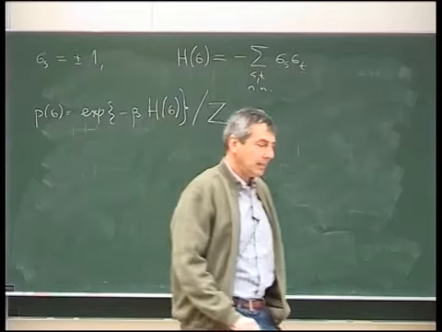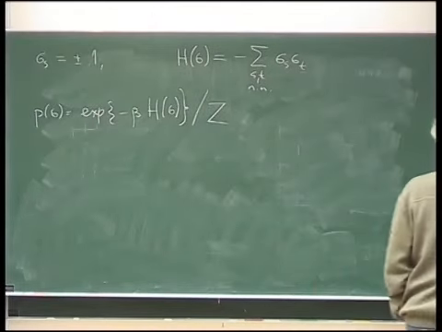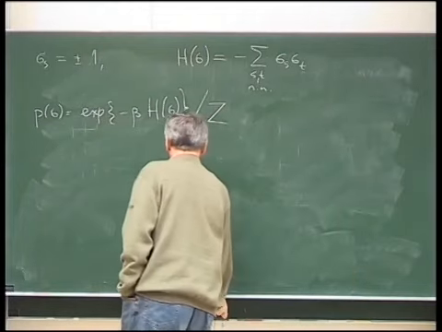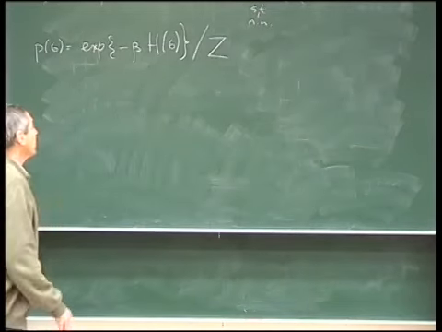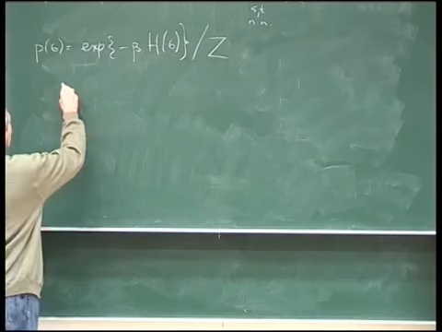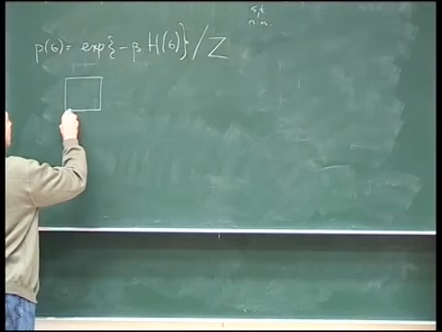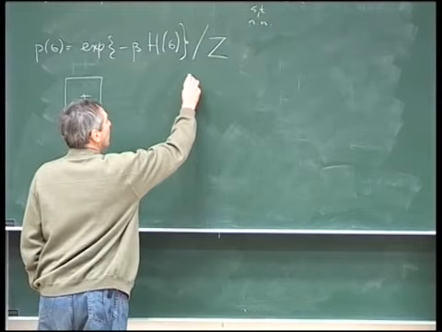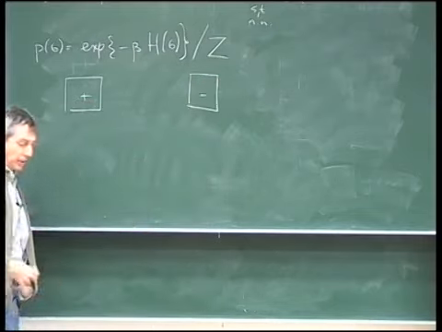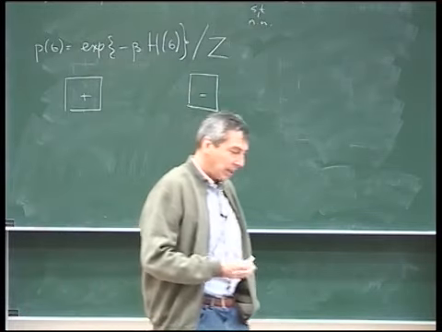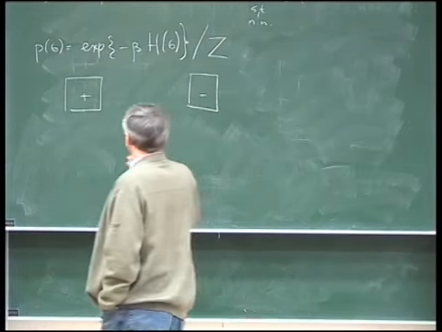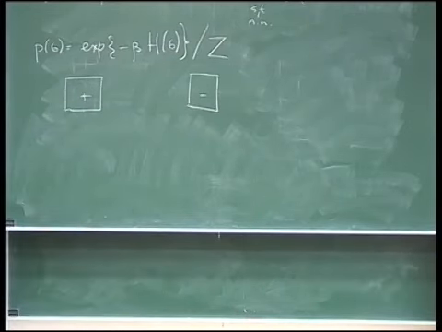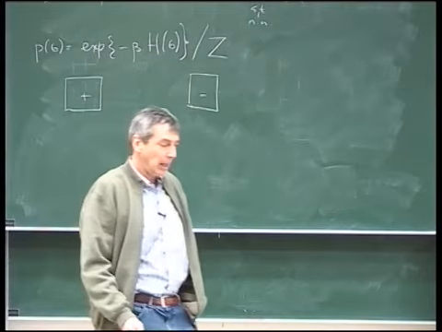And then if the temperature is low enough, then we know that the Ising model undergoes phase transition, which means that it has two phases, so-called plus phase and minus phase. Plus phase is a phase where you see mostly plus spins, and minus phase is the opposite one. And then one is interested in knowing what would happen if you force the two phases to coexist in the same box.